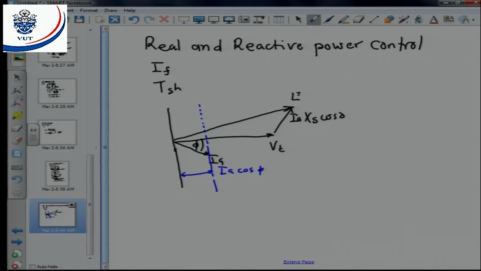This machine will deliver power to the system, and this one will receive power from the system.